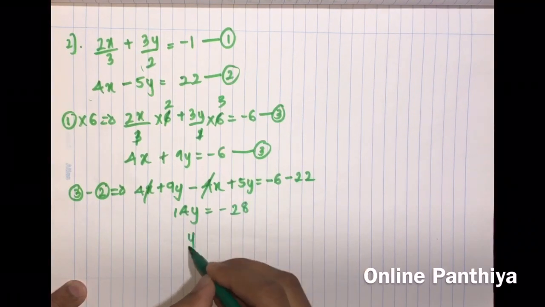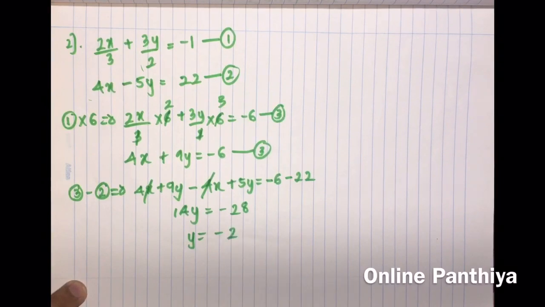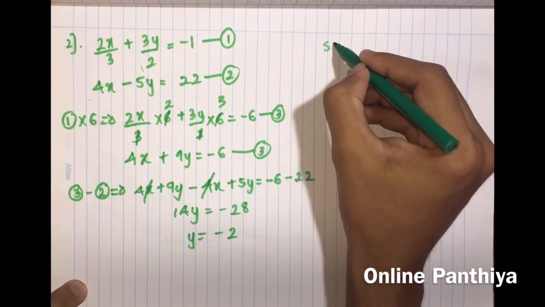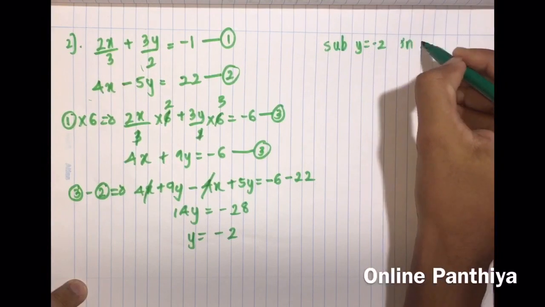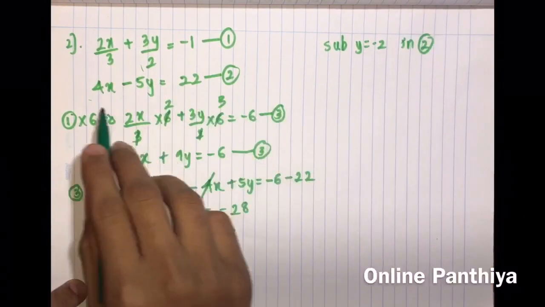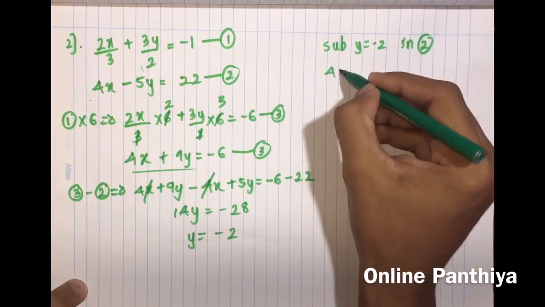How do we find y? It's easy, right? So you have y equals minus 2. Now how do you find x? You have to substitute. I'll take equation 2, substituting y equals minus 2 in the second equation. Since it has no denominators, you can use this one, whatever you like. So you have 4x.